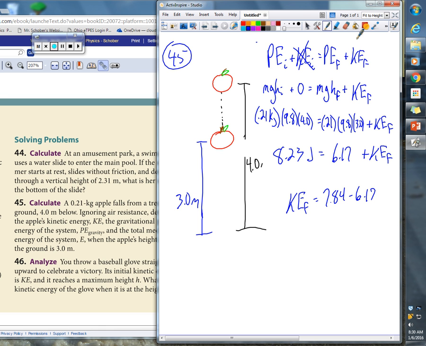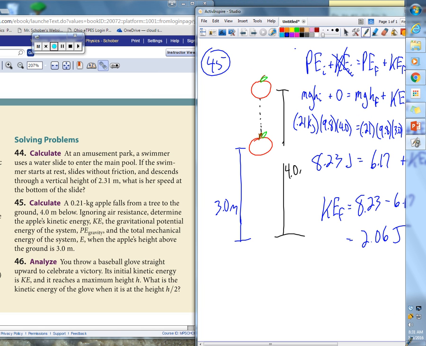We gotta correct that over here. So, KE final is equal to 8.23 minus 6.17. 2.06 joules. Okay, so 2.06 joules is our, we look back at the problem here, kinetic energy.